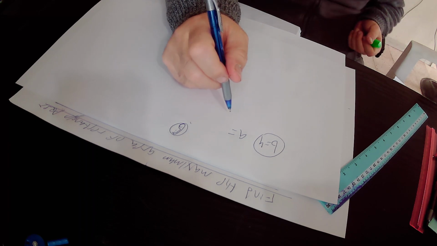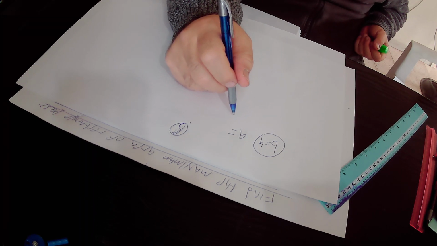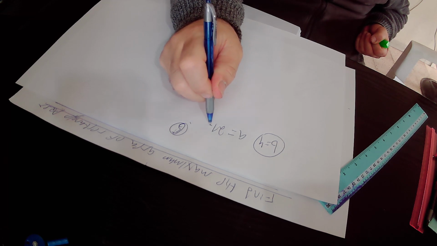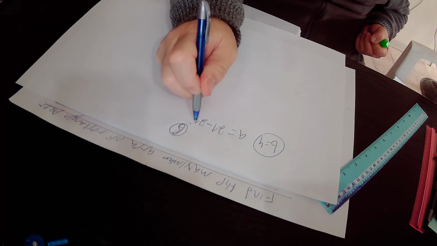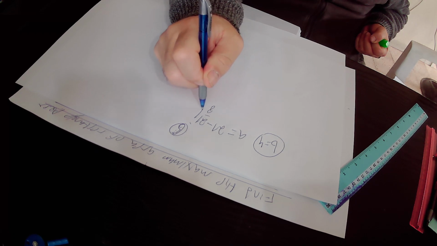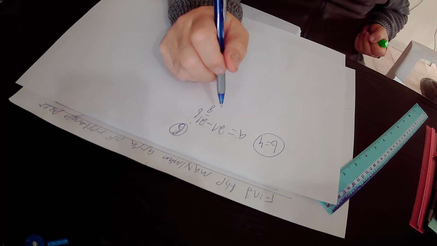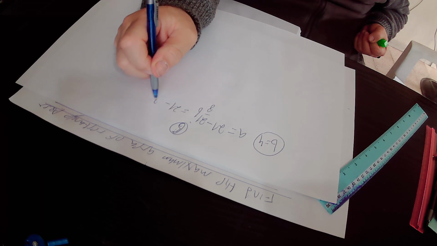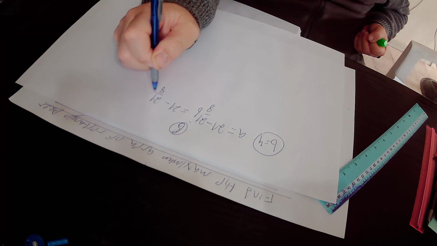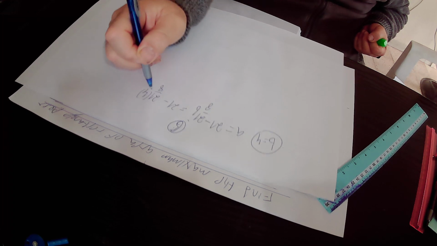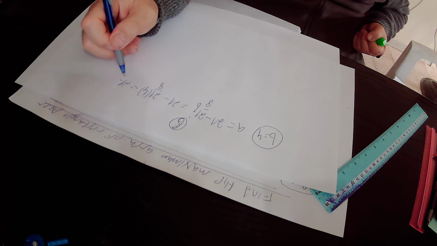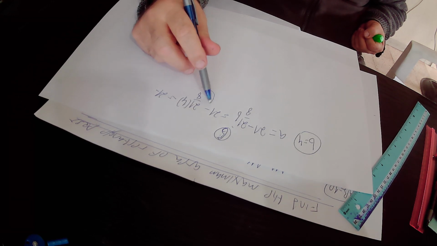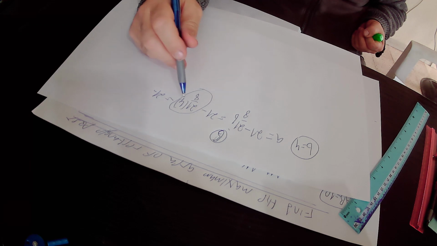Actually we have equation 1 for A. A equals 21 minus 21 over 8 times B. We just have to substitute B by 4, and we get that A equals 21 minus 21 over 8 times 4. Here we divide both the numerator and the denominator of this expression by 4.